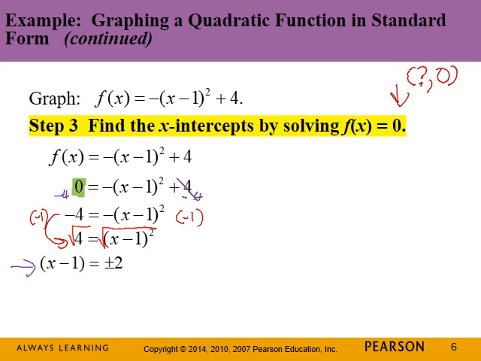However, when I take the square root of 4, I have to account for the positive and negative because it's a regular number. Remember that negative 2 squared equals 4, and positive 2 squared also equals 4. So we have to make sure we account for both of those.